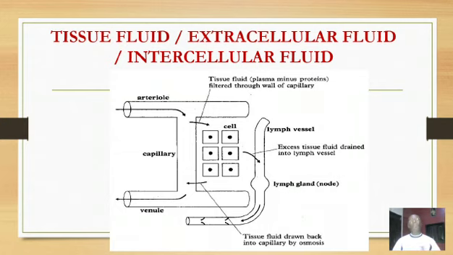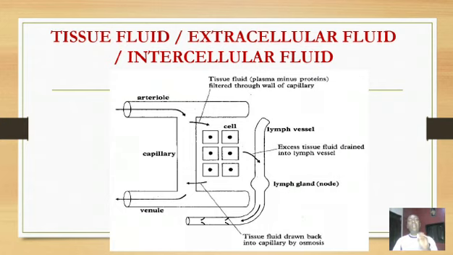Why? Because some white blood cells are amoeboid. Amoeboid means that they keep changing their shape. Now when they change their shape, being amoeboid, they are able to squeeze through the tiny pores of the capillary walls, therefore getting into the tissues, into that part where they surround the cells.